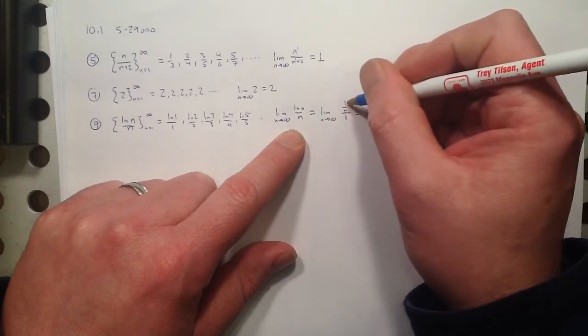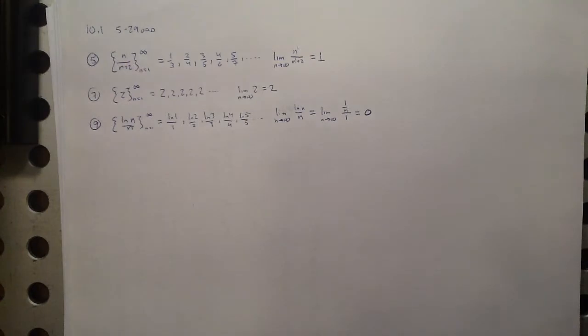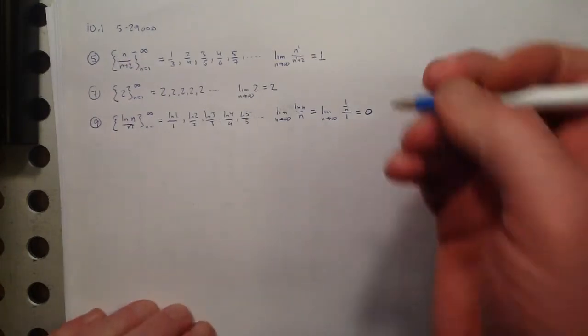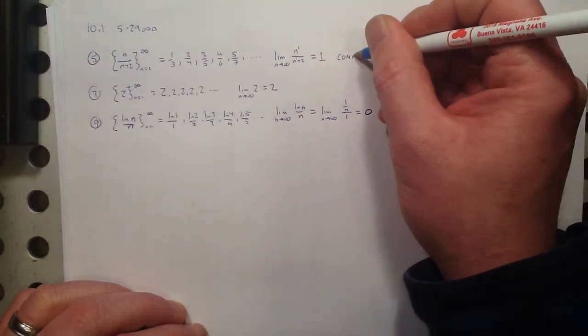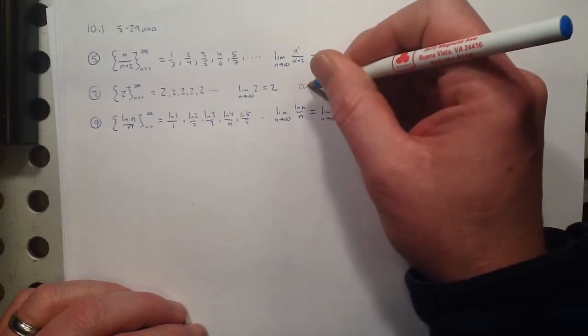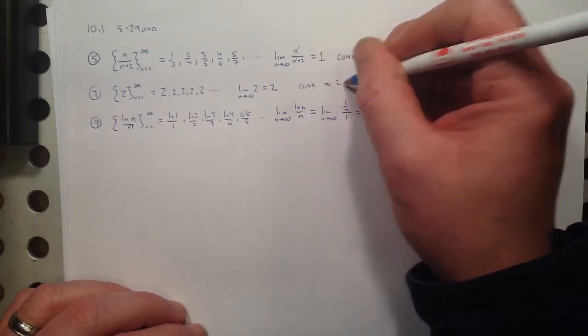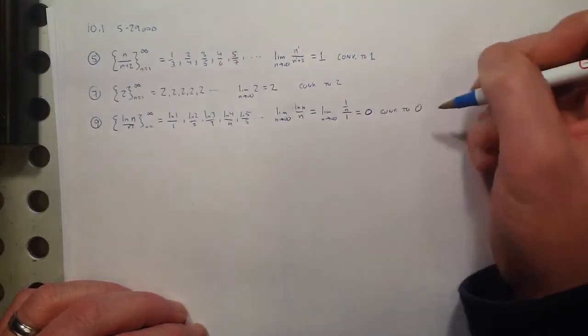And as n approaches infinity, 1 over infinity, that goes to 0. So it converges to 0. And I guess they asked that, so I think I'm being a little bit lazy here. This converges to 1. This converges to 2. And this one converges to 0.